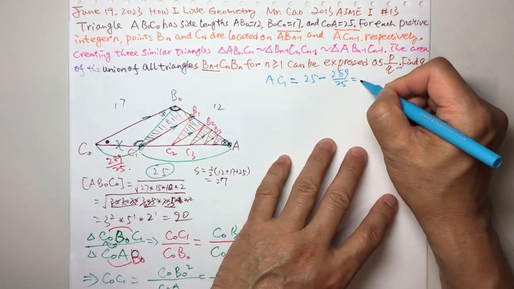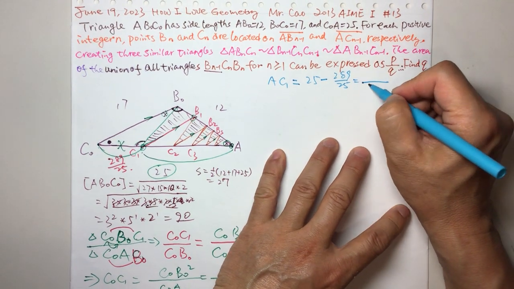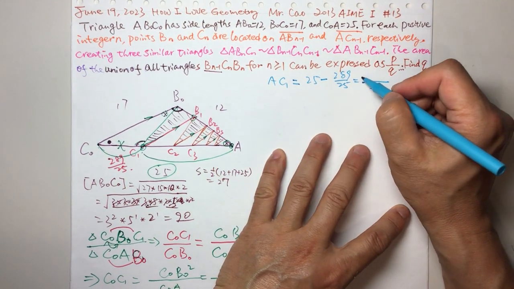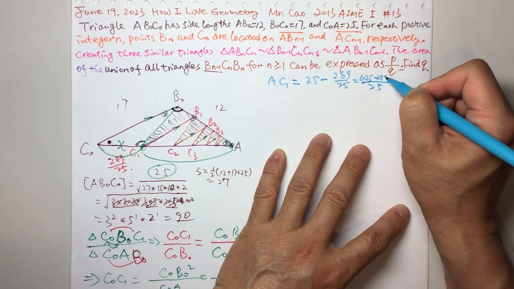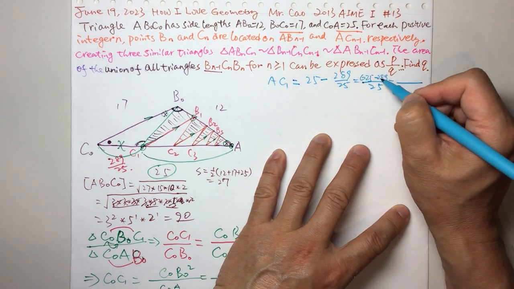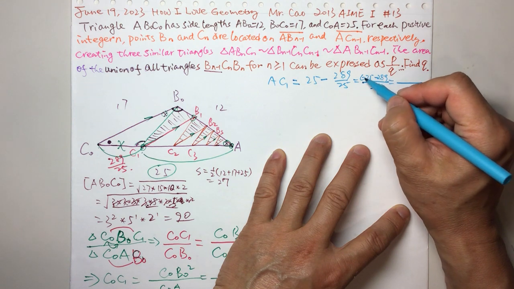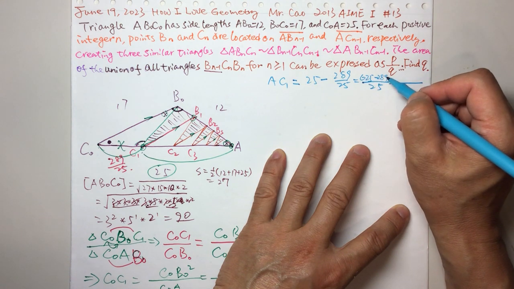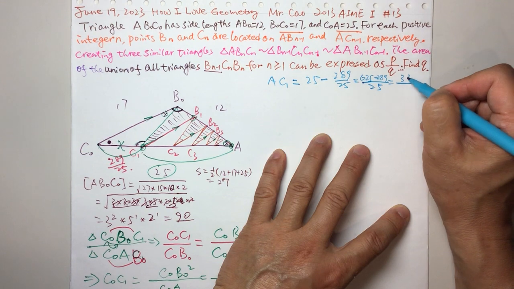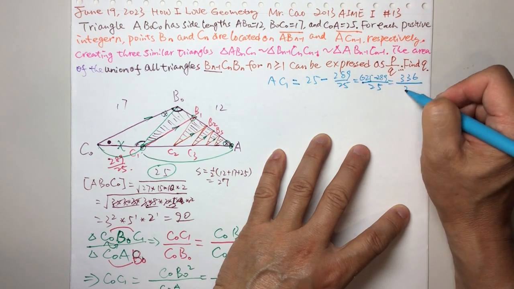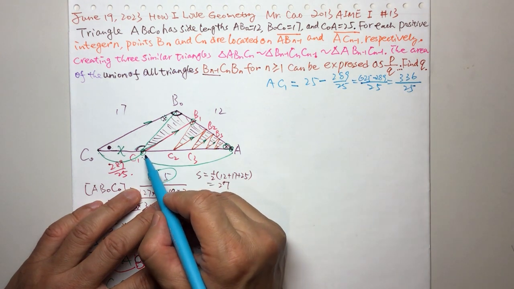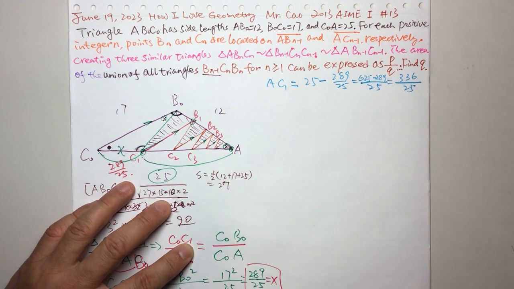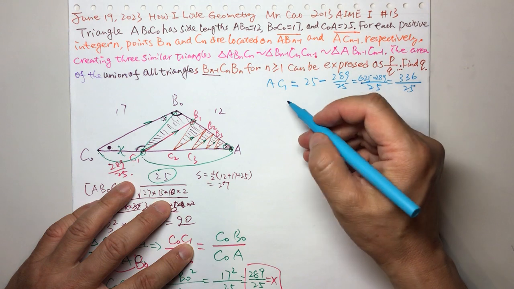So it equals, with denominator 25, 25 times 25 is 625 minus 289, so equals 336 over 25. So we know the length of AC1.